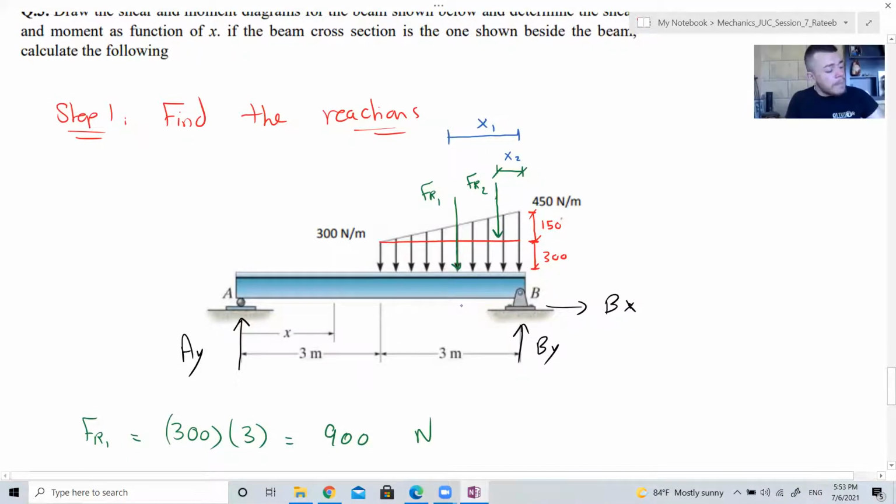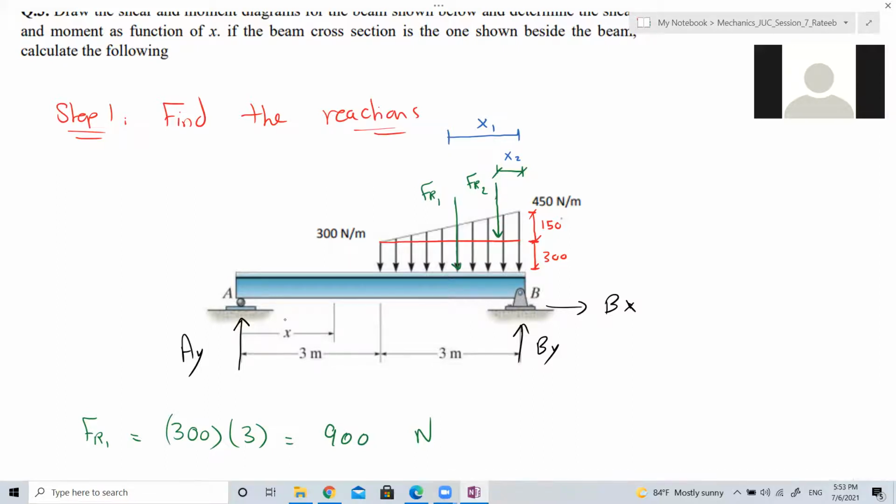What is the next step? Yesterday I told you that if we need to find the shear and the bending moment as a function of x, we take cuts. How many cuts? 2 cuts.